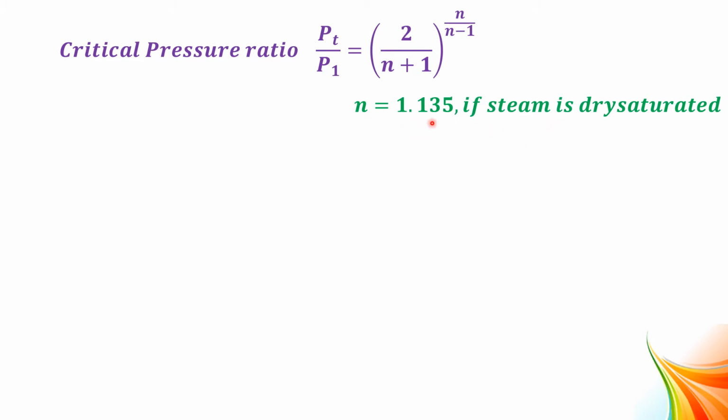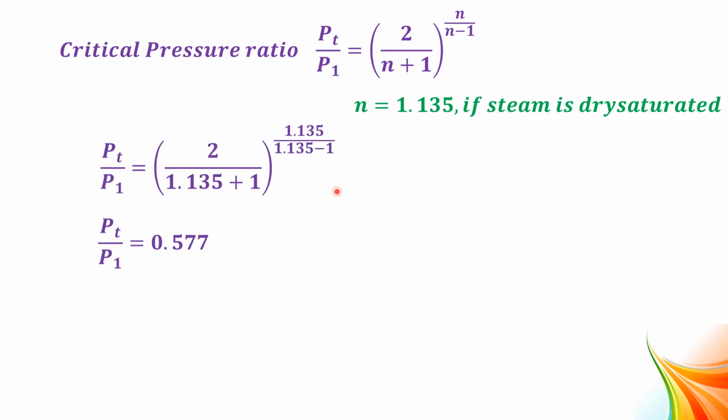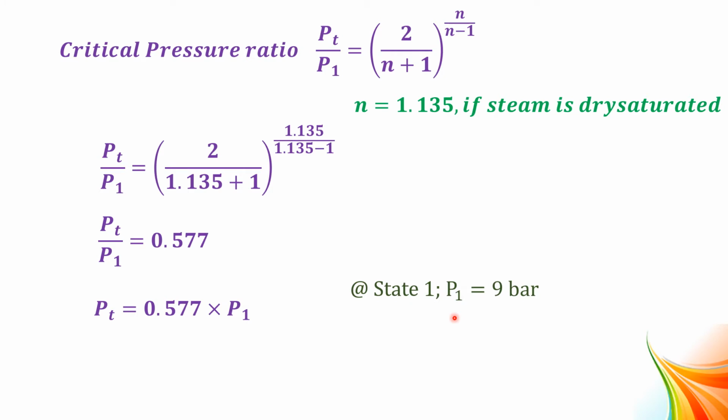Now substituting the value of n equal to 1.135 in the critical pressure ratio equation, we get Pt by P1 equal to 0.577. So from this we can write Pt equal to 0.577 into P1. So in our problem they have given the pressure P1 equal to 9 bar. Now substitute the value of P1 in this equation. So throat pressure Pt equal to 5.2 bar.